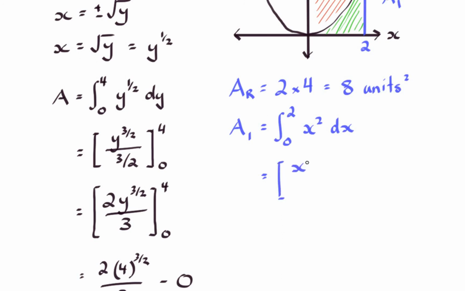Integrating x squared, we get x cubed on 3. And when we throw in our values, we get 2 cubed, which is 8, and 0.